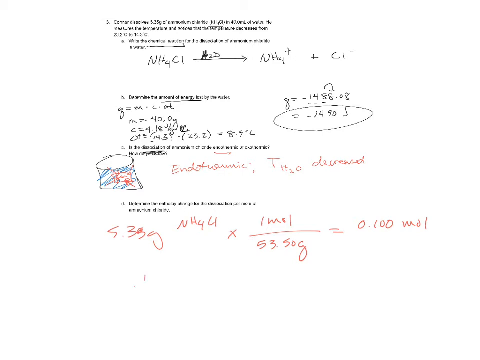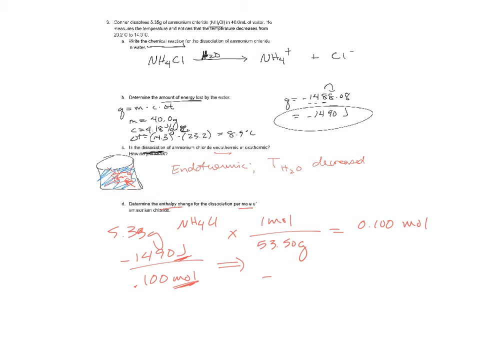If it takes 0.100 moles and 1,490 joules are released, and you are trying to figure out energy per mole, so enthalpy per mole, you take the energy divided by the moles. So 1,490 divided by 0.1 is the same as multiplying by 10.